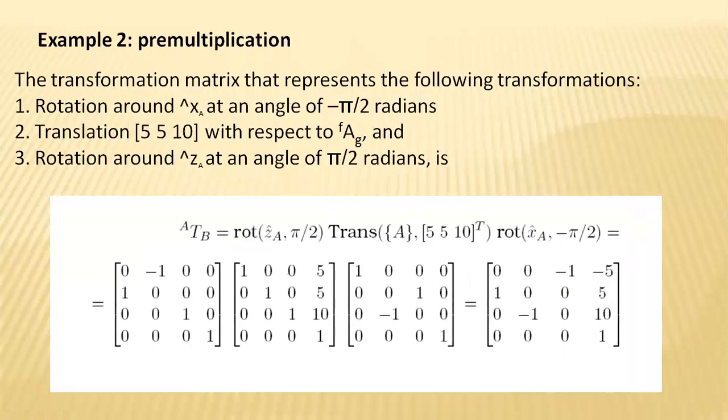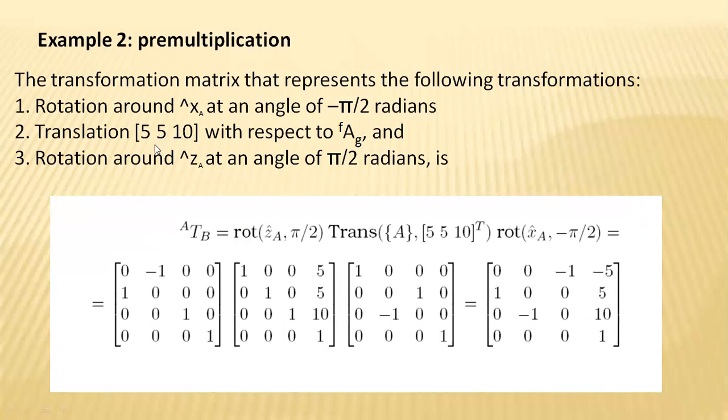Coming to the second example of the pre-multiplication factor, it's quite similar to it, but the position of translation, nothing but the prismatic movement, changed from point 1 to point 2, and the rest of the part is okay with different values of x, y, and z.